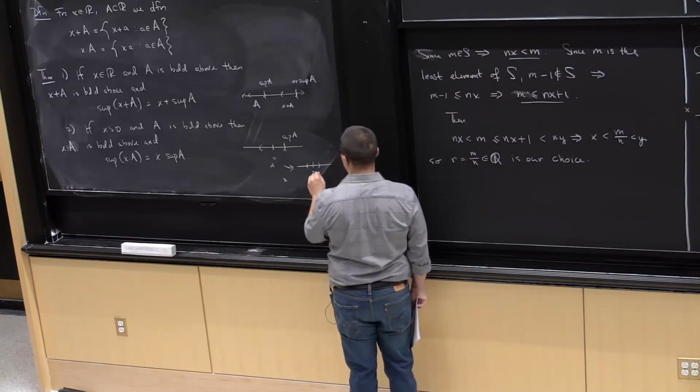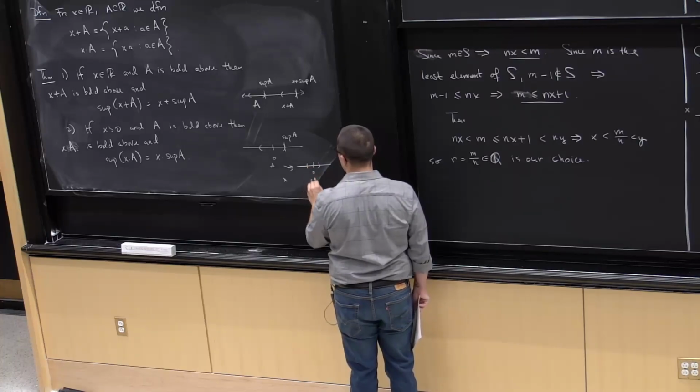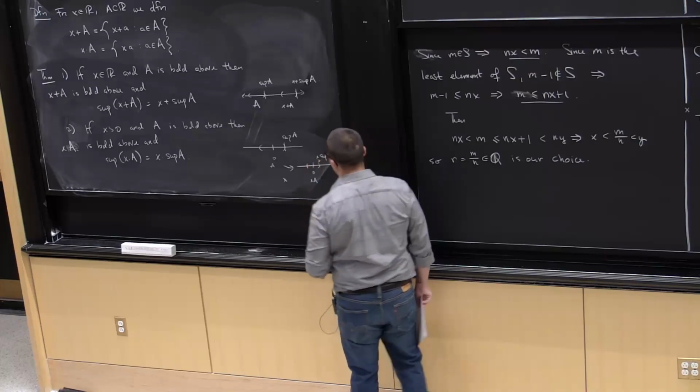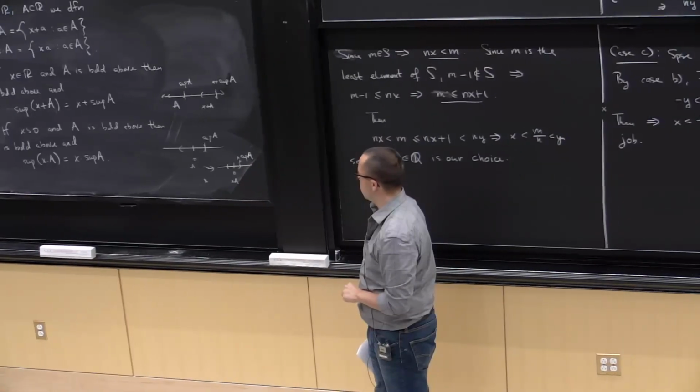So let's say I made it smaller, now to x times A, then x times sup of A would be the supremum of this set.